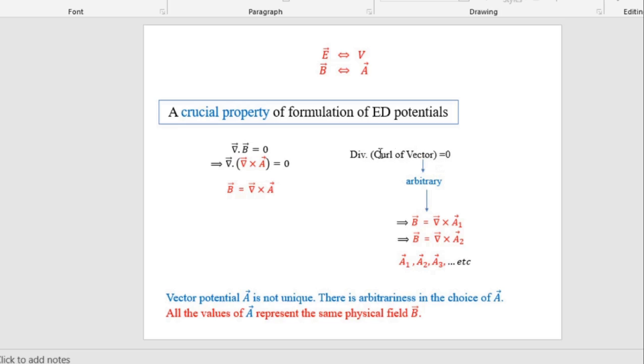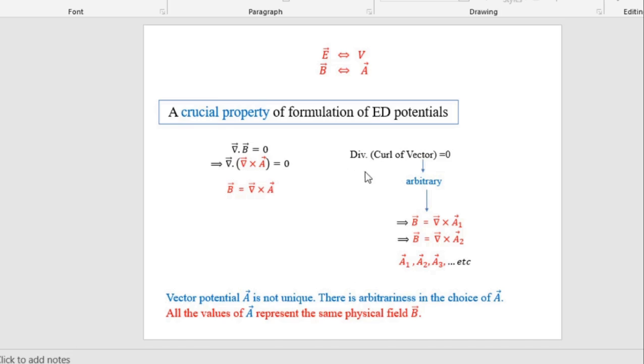Following this principle, we can write divergence of curl of a vector A is equal to 0, and comparing these two equations we can easily write B is equal to curl of A. So this is how we have defined the vector potential A corresponding to the magnetic field B.